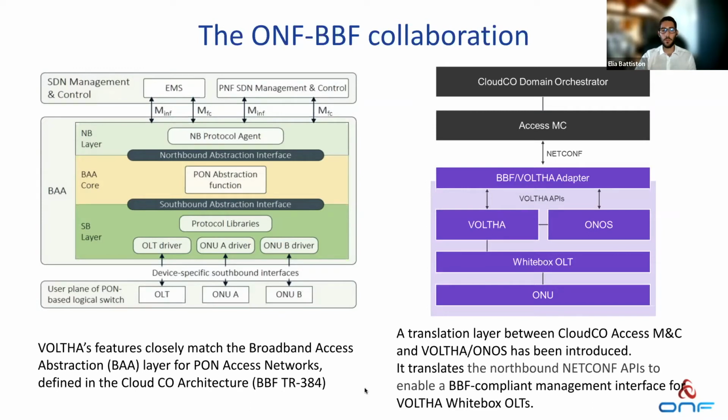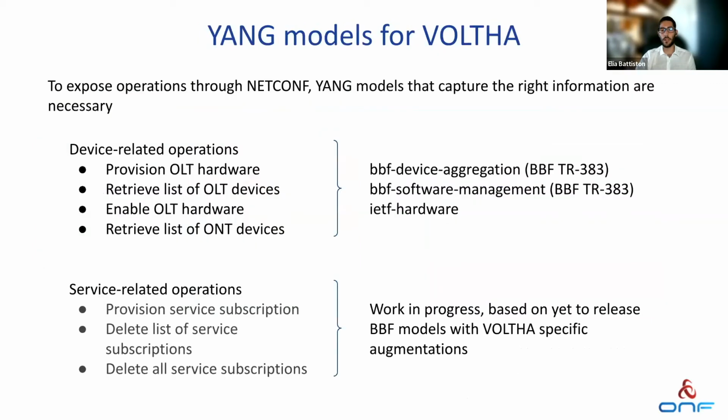To make this possible, a set of YANG models that capture the information used by the northbound VOLTHA APIs is also being discussed. The work on these YANG models started by targeting a set of operations for an initial support, and these include retrieving a list of managed devices, provisioning and enabling ONTs, and provisioning and removing service subscriptions, for example.